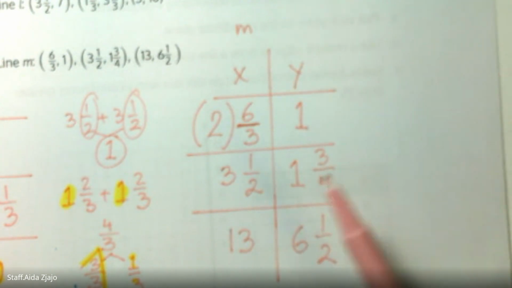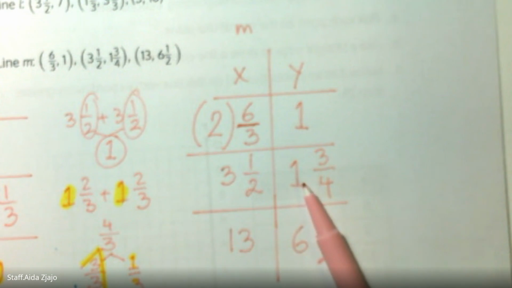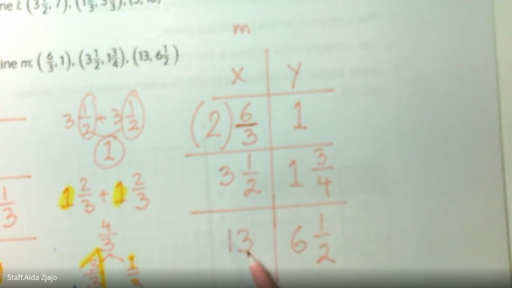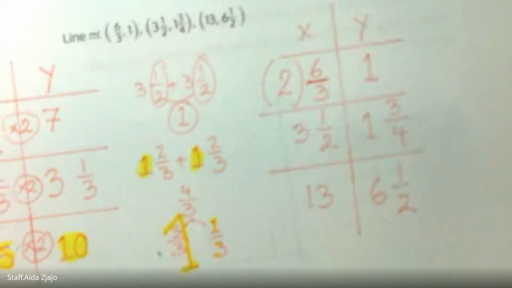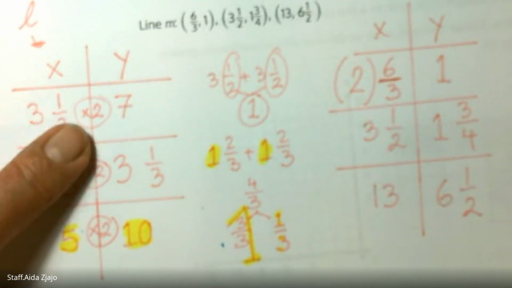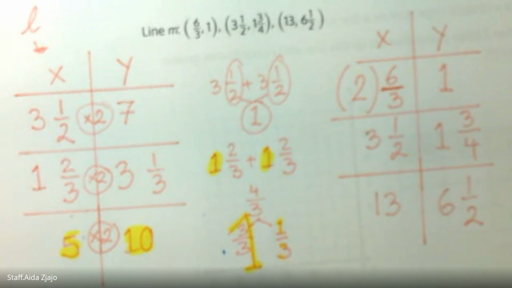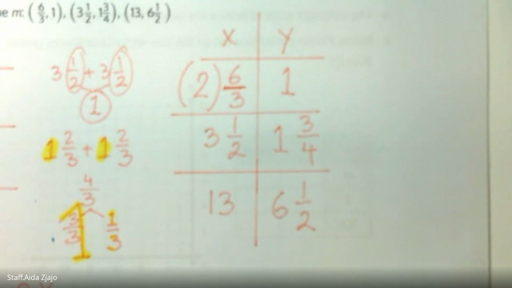It gets smaller. Here, x is 3 1/2 and y is 1 3/4, so it gets smaller. This one x is 13 and y is 6 1/2. So what that tells you is that the relationship between x and y for L has to do with plus or multiply, while here it could be minus or division.